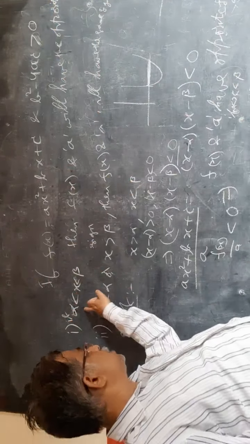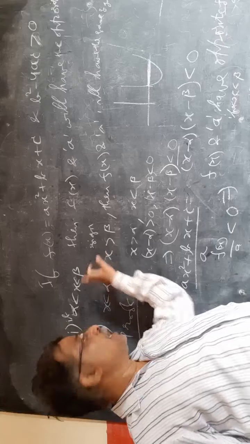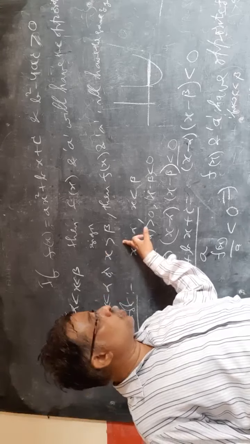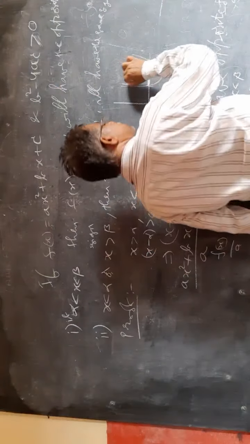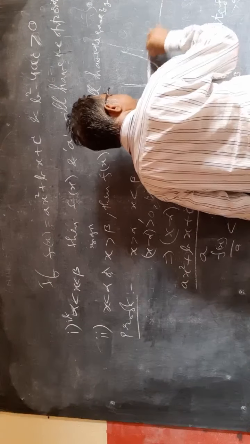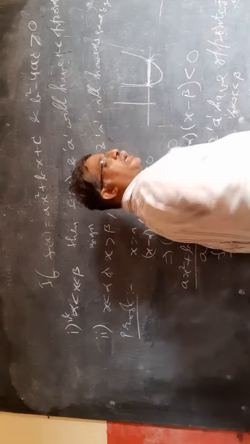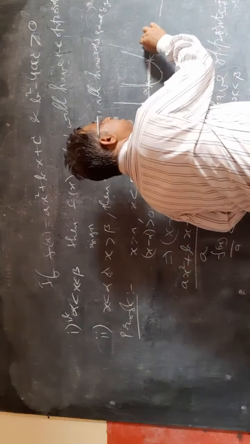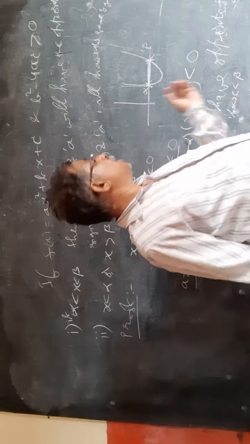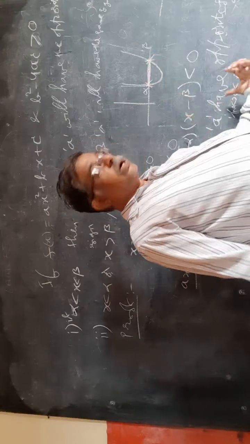That's why I am taking the two roots. x lies between the two roots or x does not lie between those two roots. These are the two real roots. So between these two real roots, alpha, beta, I am getting opposite sign.